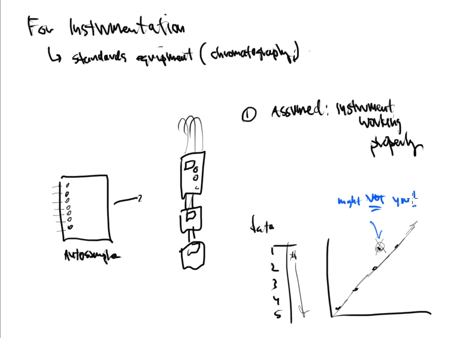And the instruments can have bad days as well. And the instrument might have injected a little bit more for this sample than what you told it to inject. And because more was injected, a higher signal was found for that standard, and maybe you really did do your job the proper way. It's the instrument that messed up here.